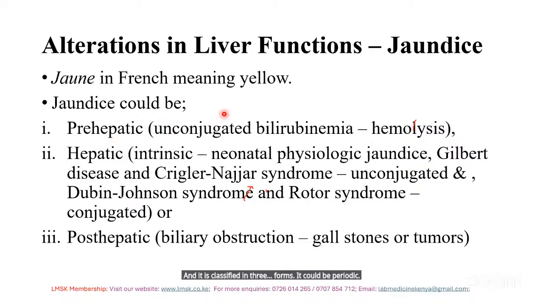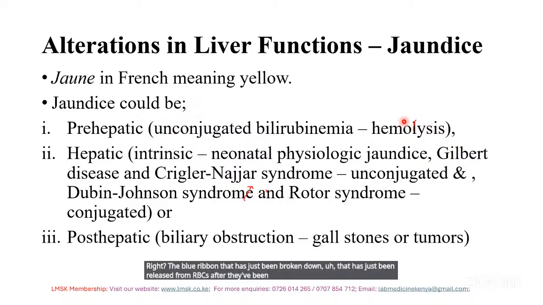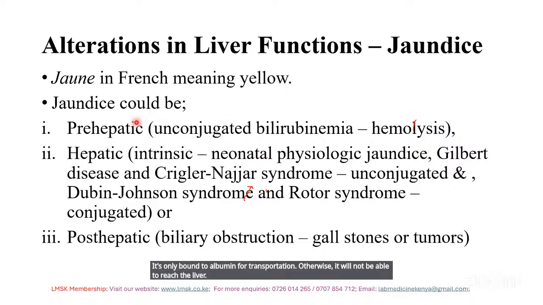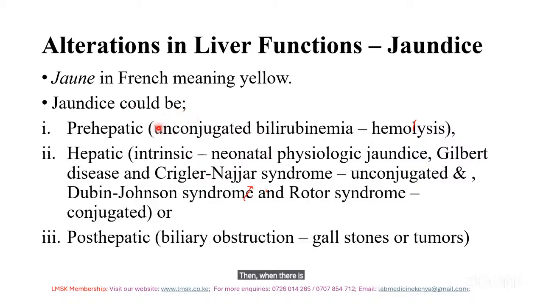Prehepatic, as I mentioned, is just the unconjugated bilirubin, right? The bilirubin that has just been broken down, that has just been released from RBCs after they've been hemolyzed. It's only bound to albumin for transportation. Otherwise, it will not be able to reach the liver. Then when there is too much unconjugated or indirect bilirubin, it means that we are dealing with a prehepatic issue.